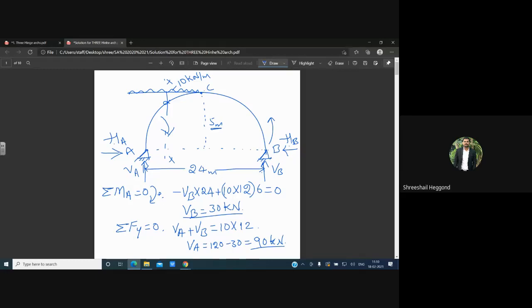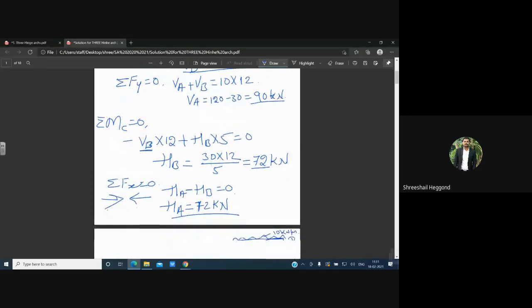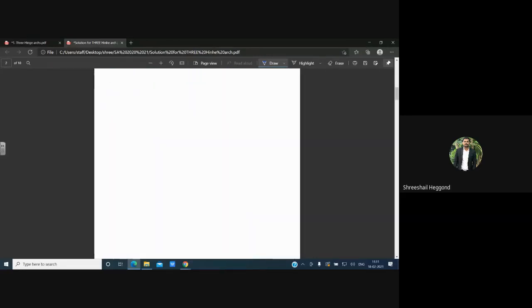Okay. That cross section only I have drawn in this section. This section is the cross section of our previous diagram. I consider this as the XX section.